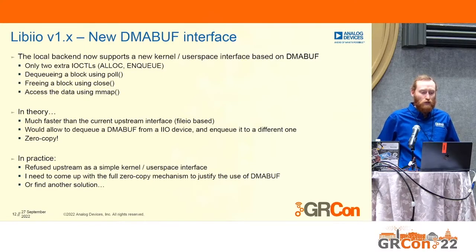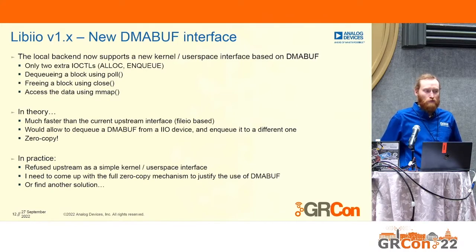So I was working on a new interface using DMABUF objects, which is basically a buffer object in the Linux kernel. And instead of copying data, you just get a handle of these buffers, so there's no copy.